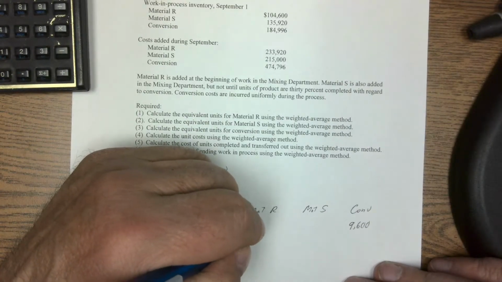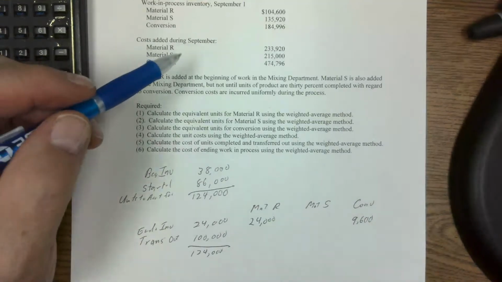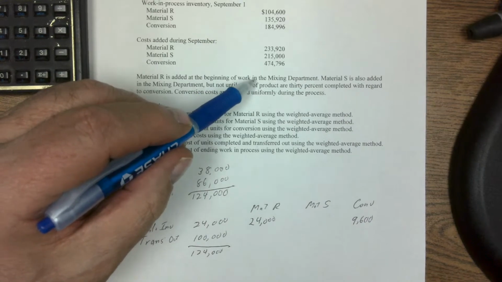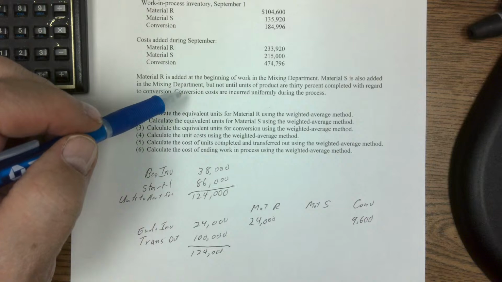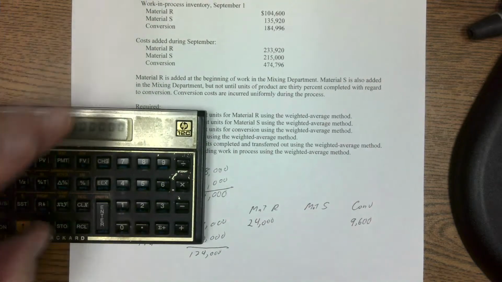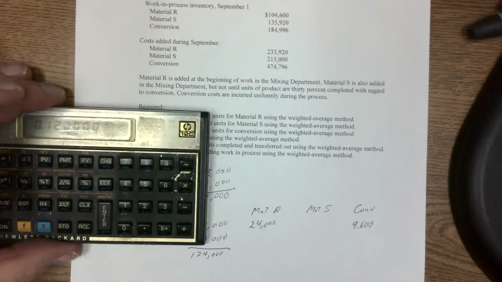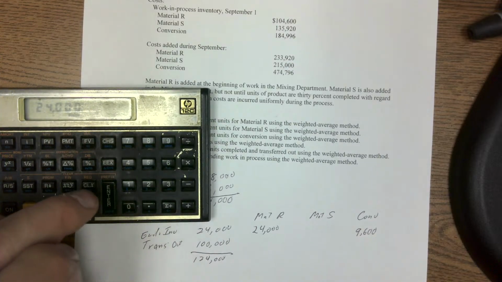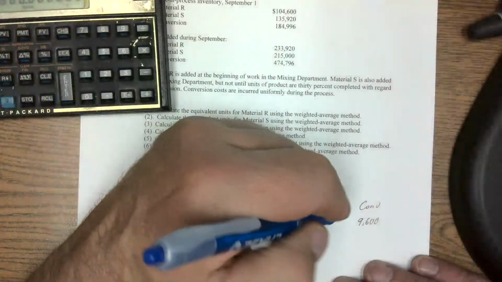So 24,000 there. Material S is added in the mixing department, but not until units of product are 30% complete with regard to conversion. And we have conversion, which is 40% complete. So that would be 40% times 30%, 0.4 times 0.3. That would be 12% complete. So 24,000 times 0.12 is 2,880.